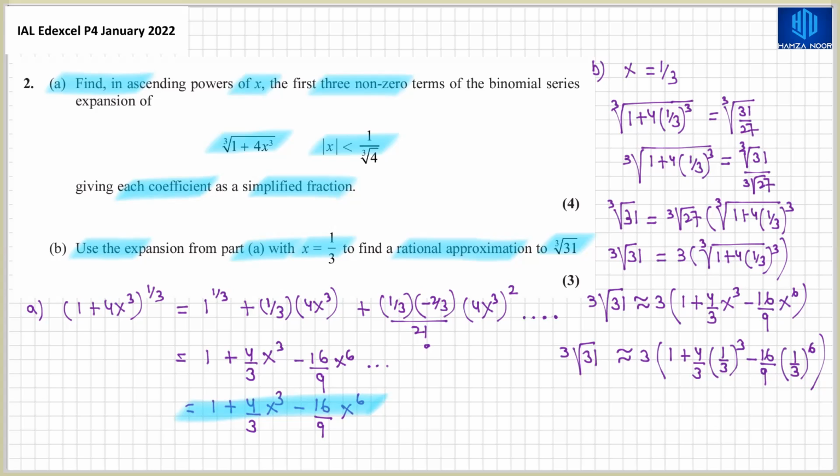So here we get the fraction 6869 over 6561. So 3 is multiplied by 6869 over 6561, and this is 6869 divided by 2187. This is the rational approximation of the cube root of 31. All right, so this is our answer to part B.